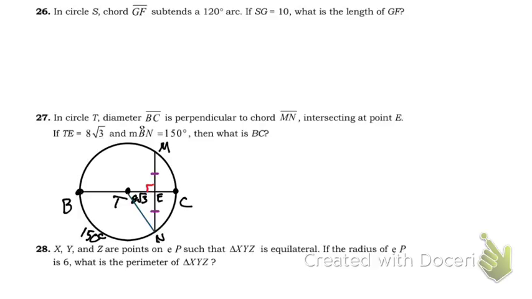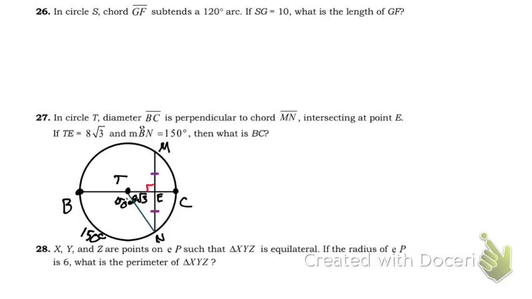And since that's 150 degrees, let me erase this T and move it somewhere else. This actual angle is 150 degrees. So that would now make this 30 degrees, right?